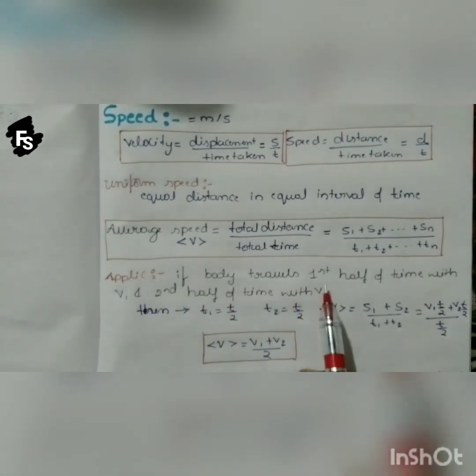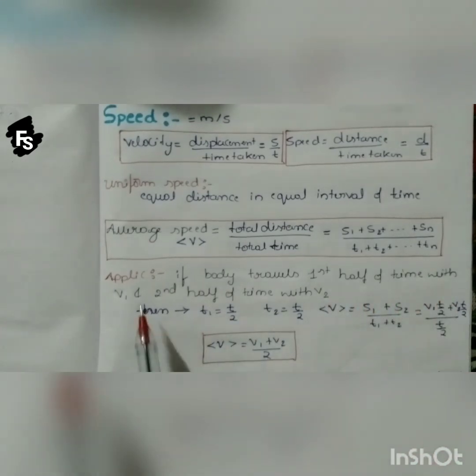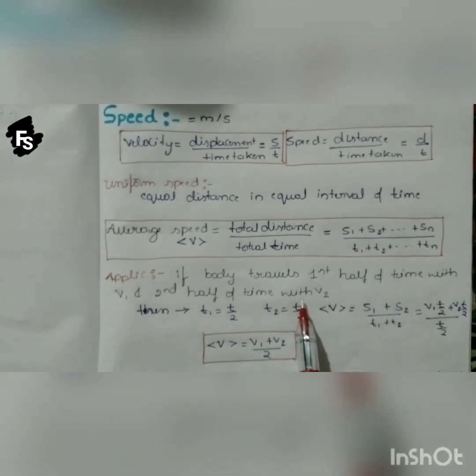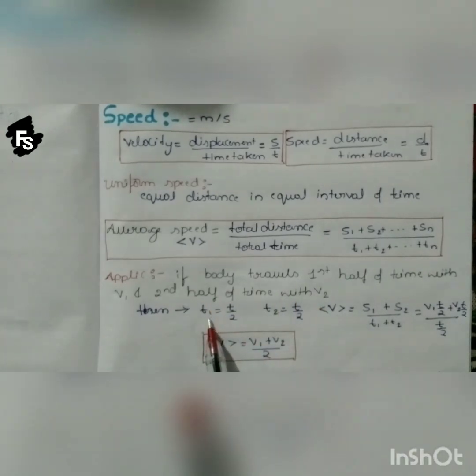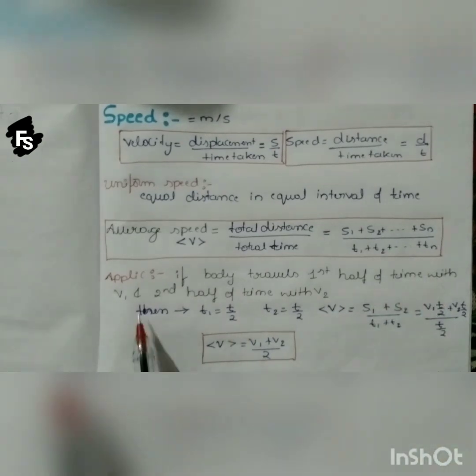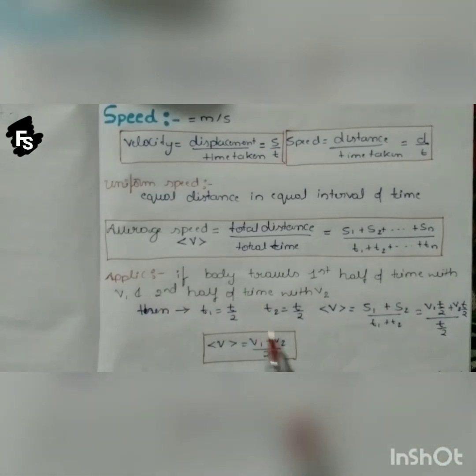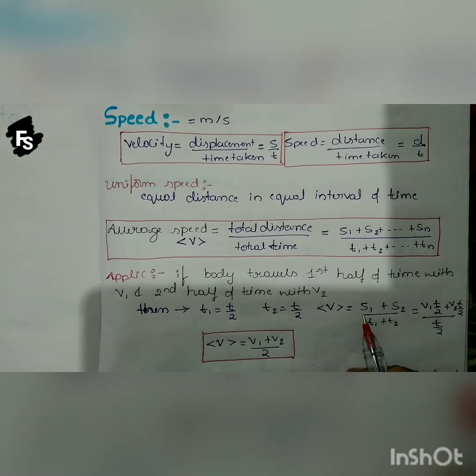If a body travels first half of time with v1 and second half of time with v2, means the first half is t1 equals t by 2 with v1 speed, and the second half is t2 equal to t by 2 with v2 speed, then average speed is equal to s1 plus s2 by t1 plus t2. The distance is calculated by the formula velocity into time taken.